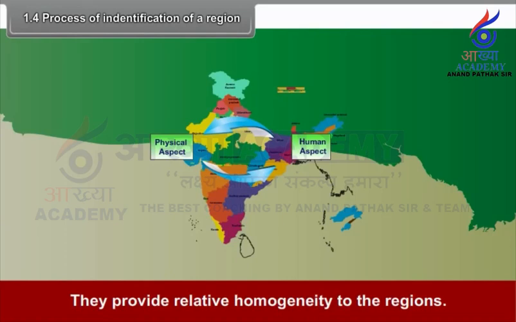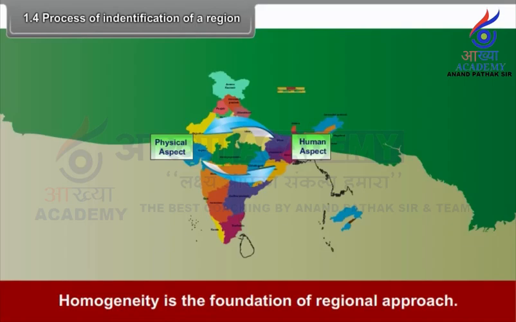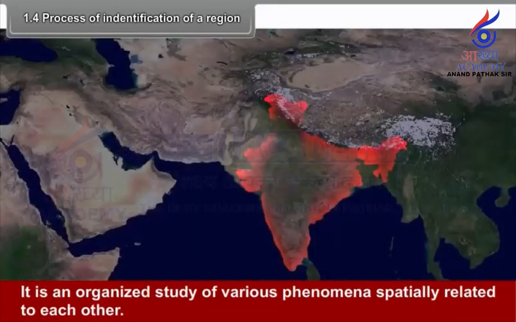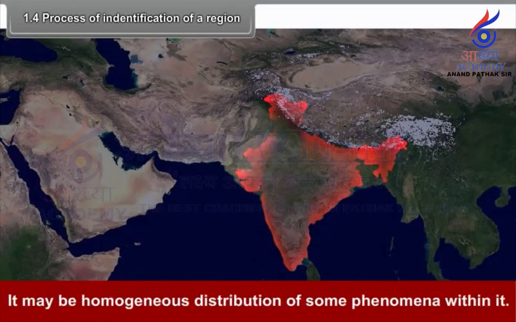They provide relatively homogeneity to the regions. Homogeneity is the foundation of regional approach. It is an organized study of various phenomena spatially related to each other. It may be homogeneous distribution of some phenomena within it.